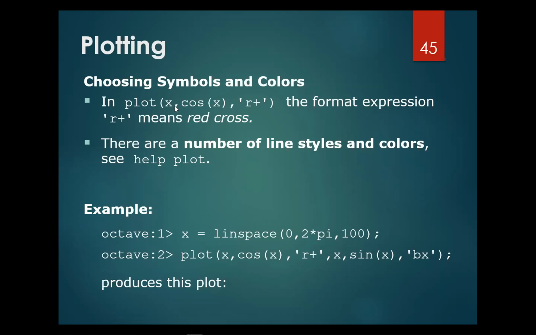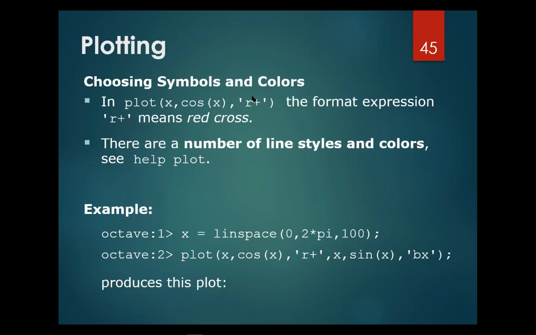When you plot x against cos x, and you want to indicate that the color of the plot should be red, then the next space in the argument, that is the third argument, is meant for the symbols and colors. The first character is the character for color, and the second character is the character for the pattern.